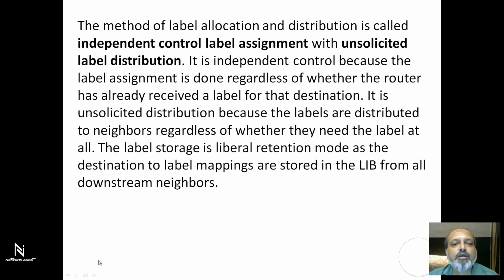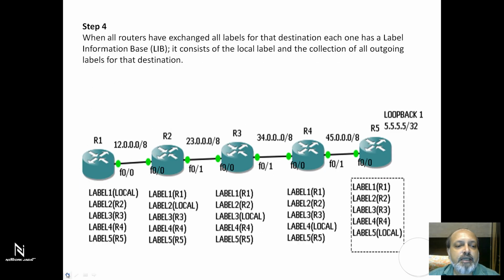Why independent control? If you consider the label information base, you can easily understand it. Router 1 has received a label from router 2 for this destination, but it still creates its own local label, irrespective of whether it has received any labels from its neighbors. This is called independent control. And why unsolicited distribution?